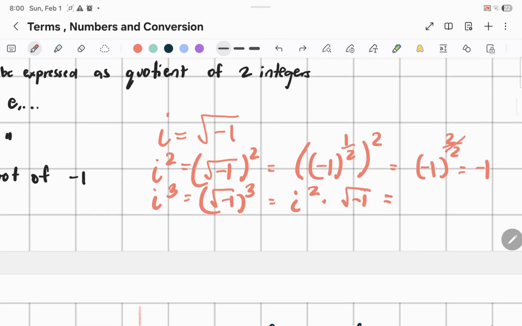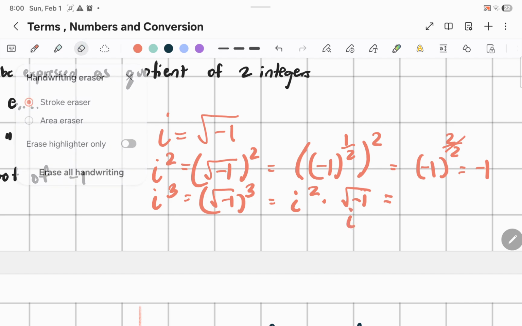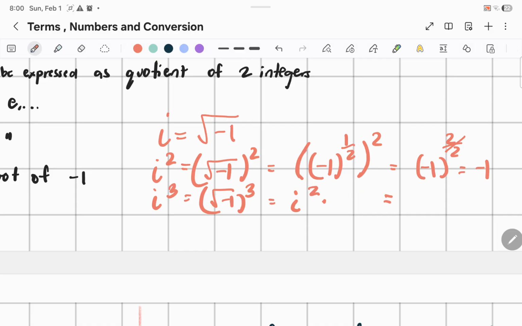Therefore, i squared times i, and recalling that i squared is equivalent to negative 1, this will just be negative 1 times i, or negative i. Therefore, i cubed is just equivalent to negative i.